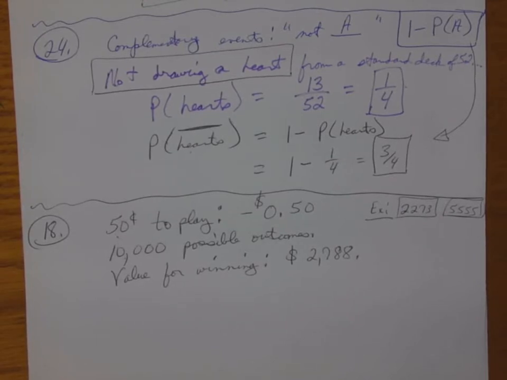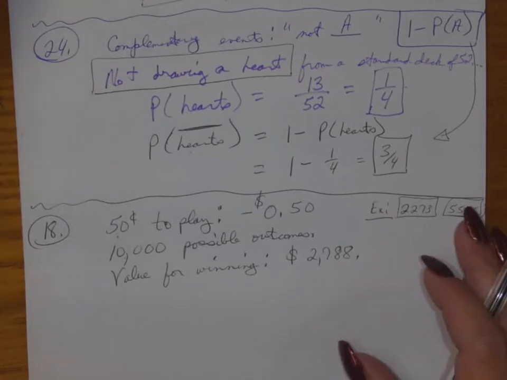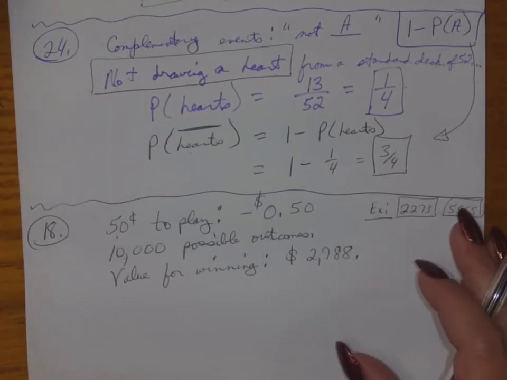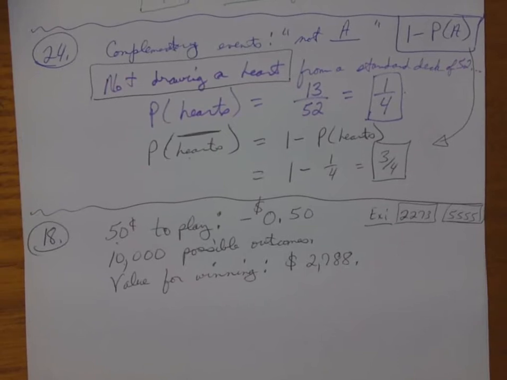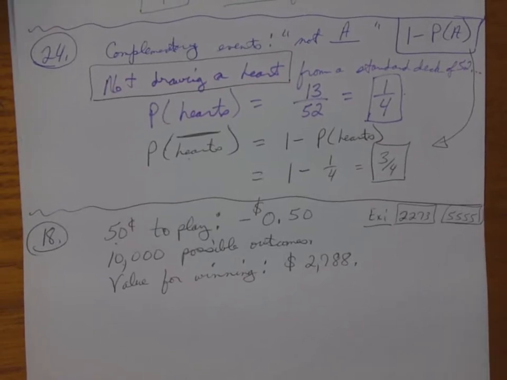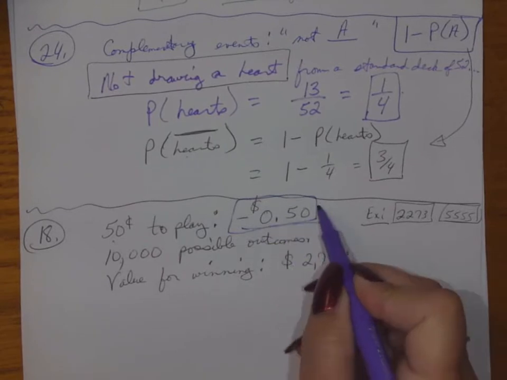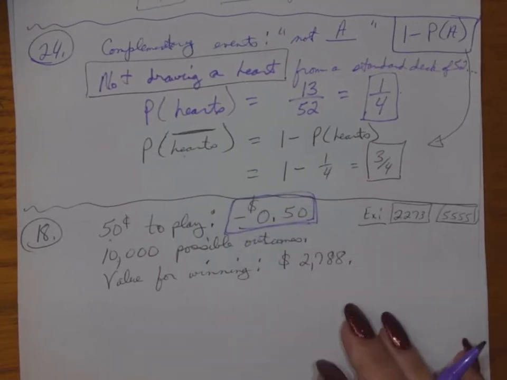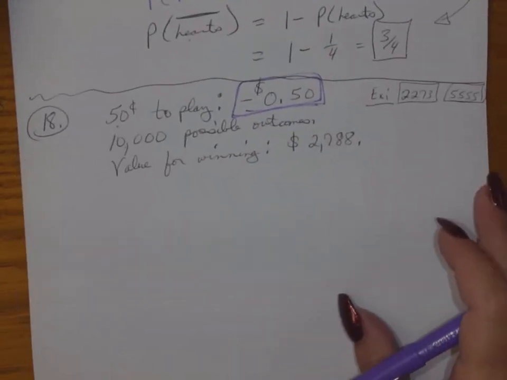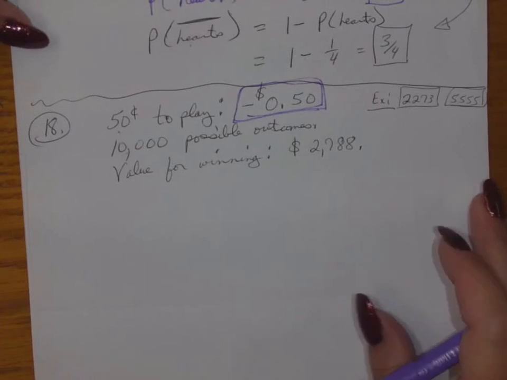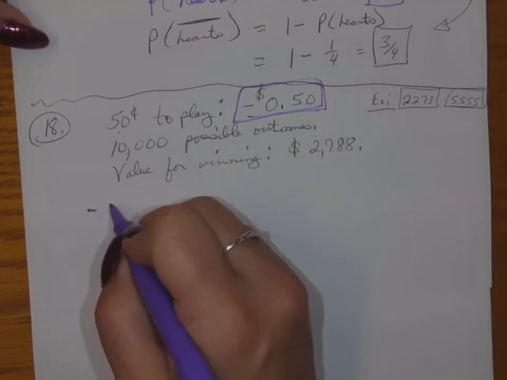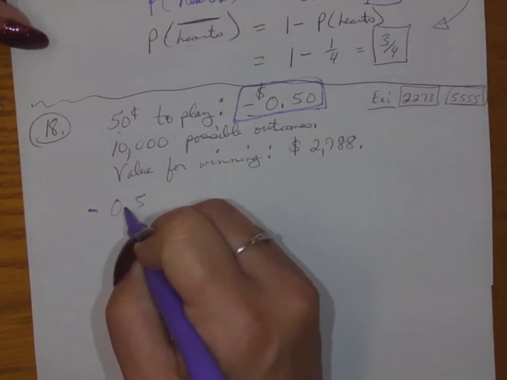And in the long run, how much do you lose for each 50-cent bet? Let's think about this. Absolutely, positively, if I play this, I'm going to lose 50 cents. Does everybody agree? So for sure, I've got a negative 0.5.